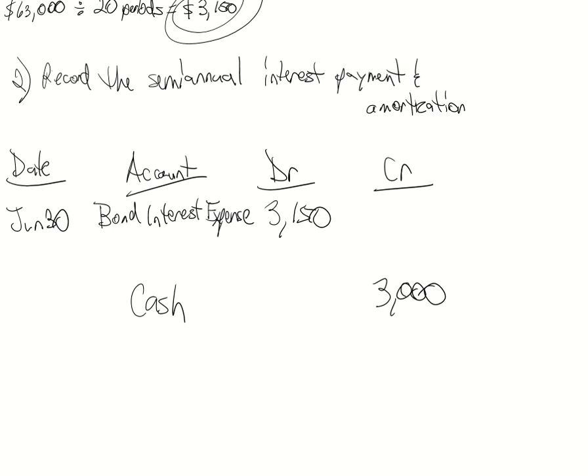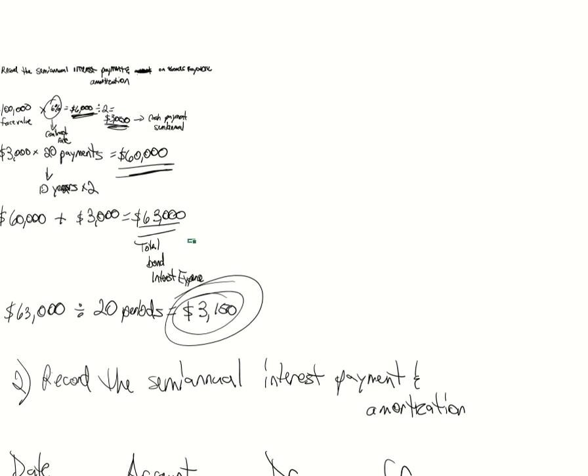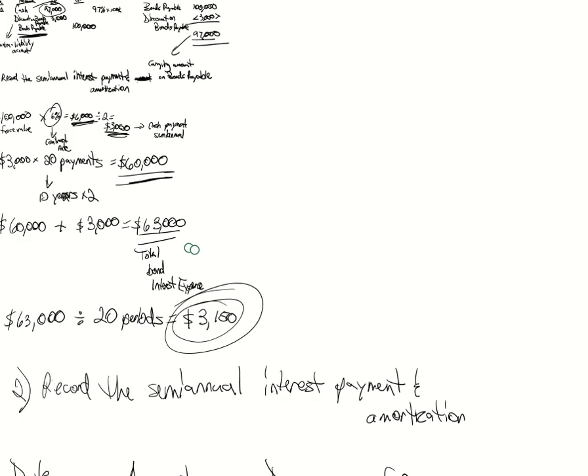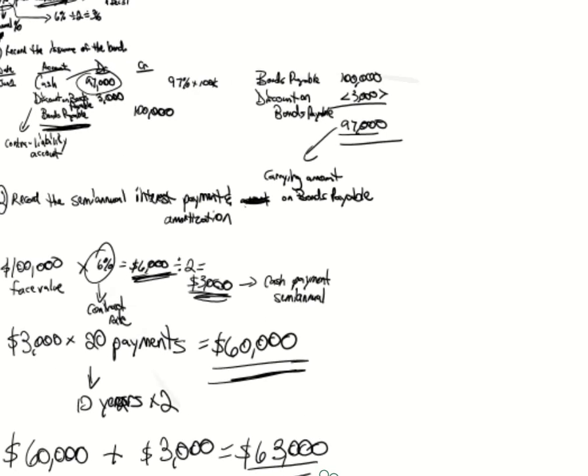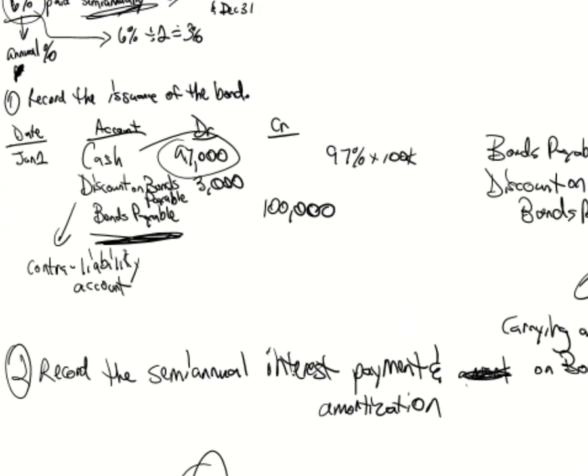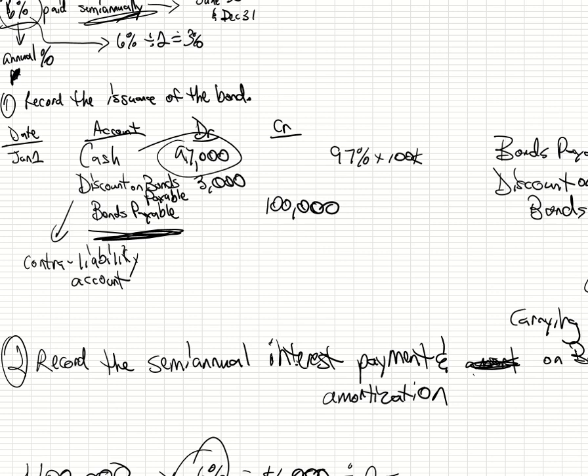So since there's a difference here of $150, that $150 is going to be credited to discount on bonds payable, because the discount on bonds payable that you initially recorded as a debit on January 1st needs to be amortized, because you are taking into consideration the contract rate, which is the cash payment of $3,000 that's being made.